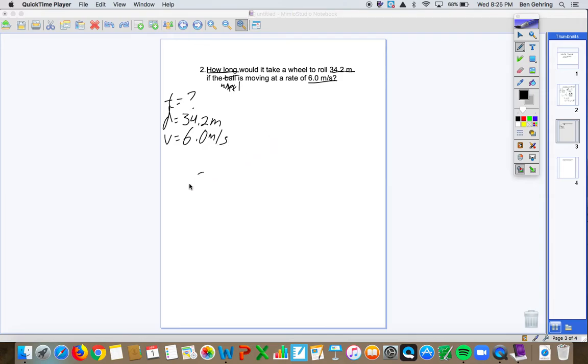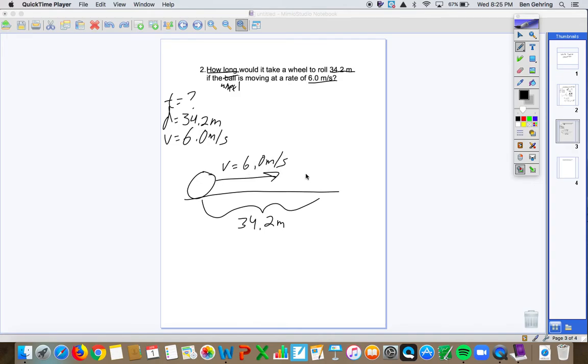So I can draw a wheel rolling on the ground, and it rolls 34.2 meters, and v equals 6.0 meters per second. I want to know time equals, not sure. So my equation again is velocity equals distance divided by time.